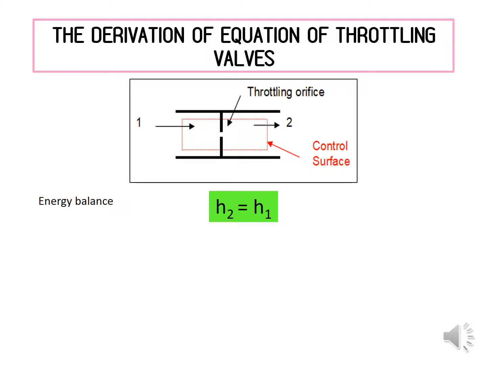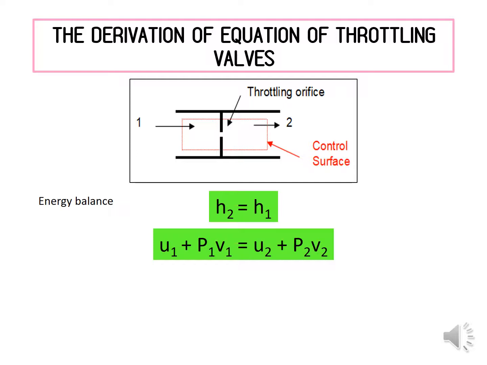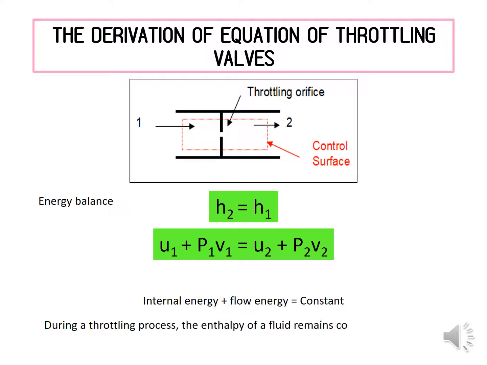The energy balance for the throttling valve is H1 equals H2, so U1 plus P1 V1 equals U2 plus P2 V2. Internal energy plus flow energy is constant. During a throttling process, the enthalpy of a fluid remains constant, but internal and flow energies may be converted to each other.